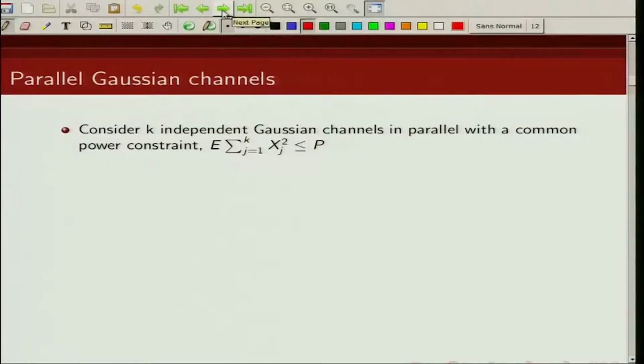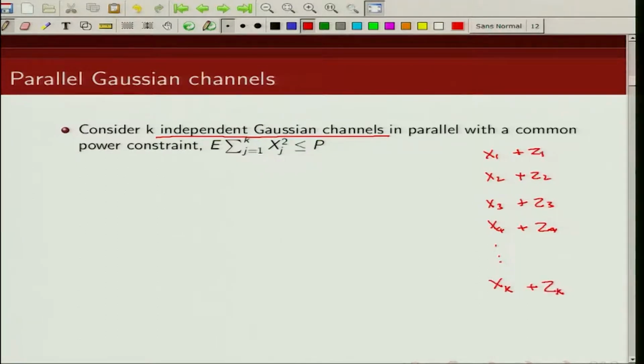So, what is a parallel Gaussian channel? Let us consider k independent Gaussian channels in parallel. So, basically you have x1, x2, x3, x4, xk, and these are acted on by additive noise, let us say z1, z2, z3, z4, zk, and the zi's are independent of the input xi, and these noise samples are also independent.